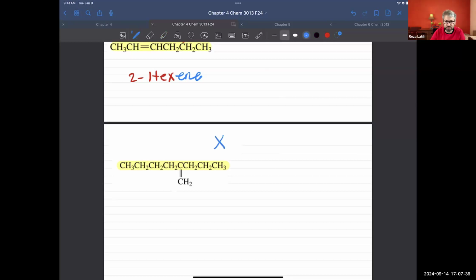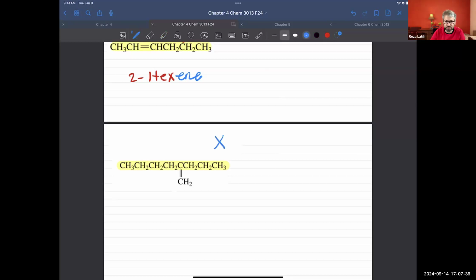The priority here goes with ethyl, so ethyl should come first, and then the methyl. So on the 6th carbon, I have ethyl, dash, on the 3rd carbon, I have methyl, dash, and on the 3rd carbon, I have the double bond.